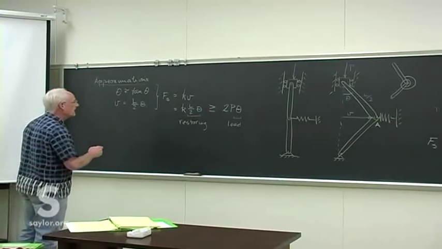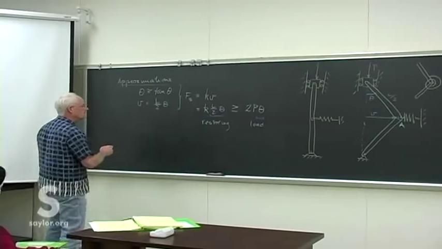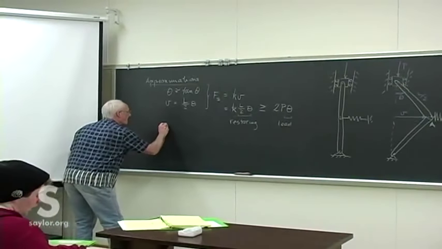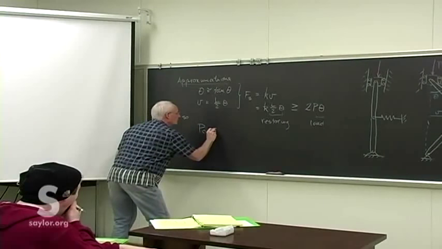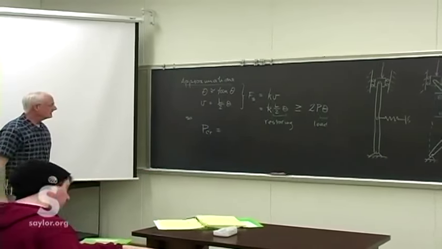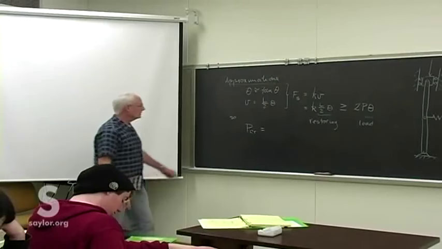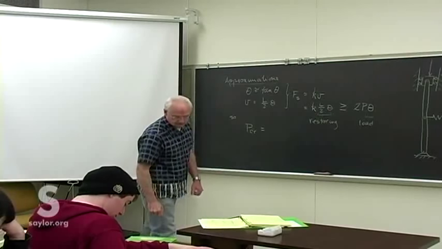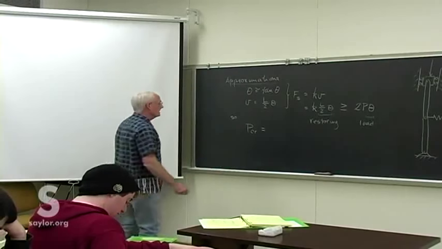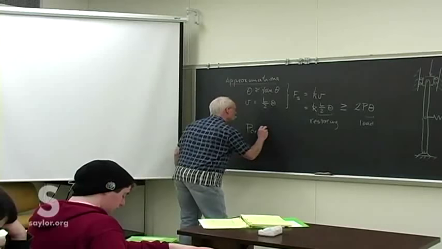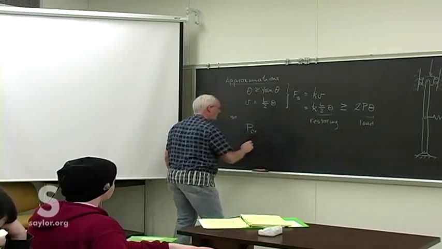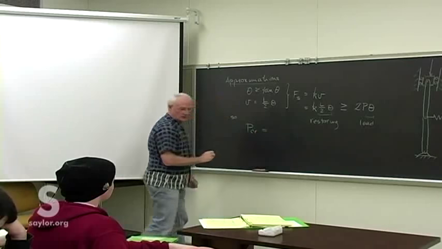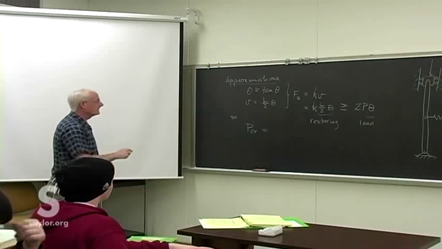So we've then got an upper limit on our load that we'll call P critical, equal to something like KL.